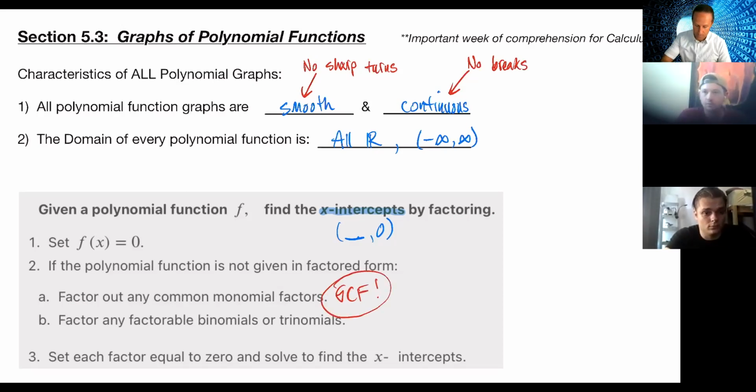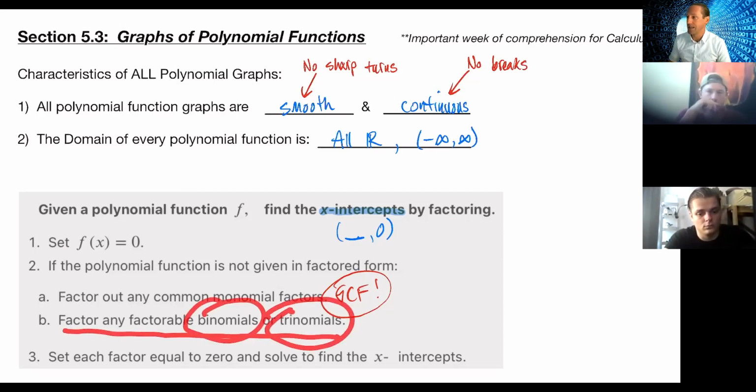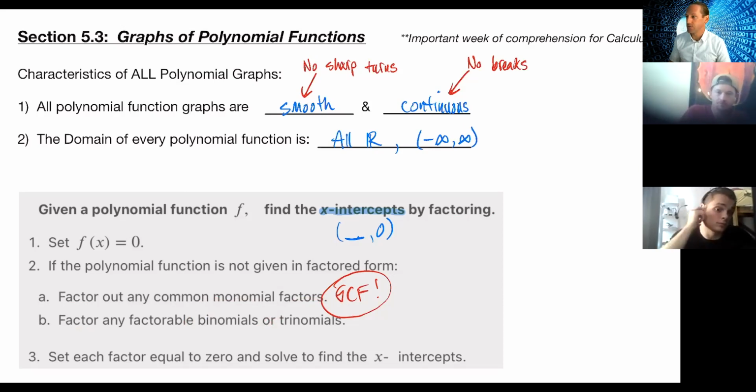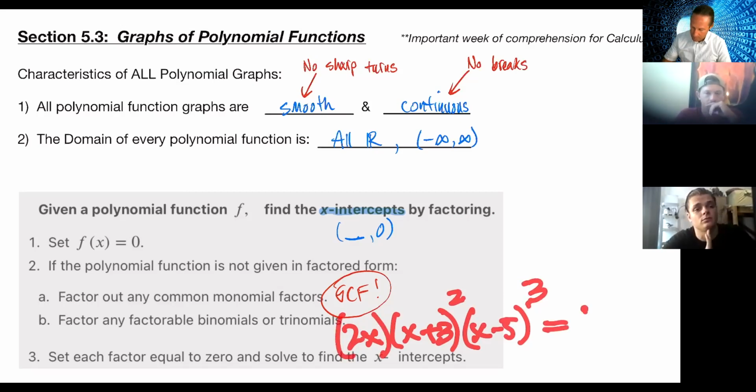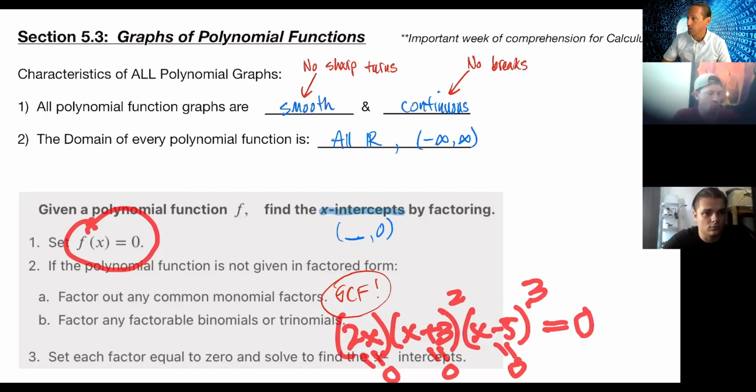Then after that, we'll try to factor using our binomial or trinomial techniques that we've learned since probably junior high school. Okay, then once we have all of our factors set, whether it was something on the outside, stuff on the inside, and even squared or cubed, then we will take each one of those factors, and of course, since the whole thing is set equal to 0, we'll set that factor equal to 0.